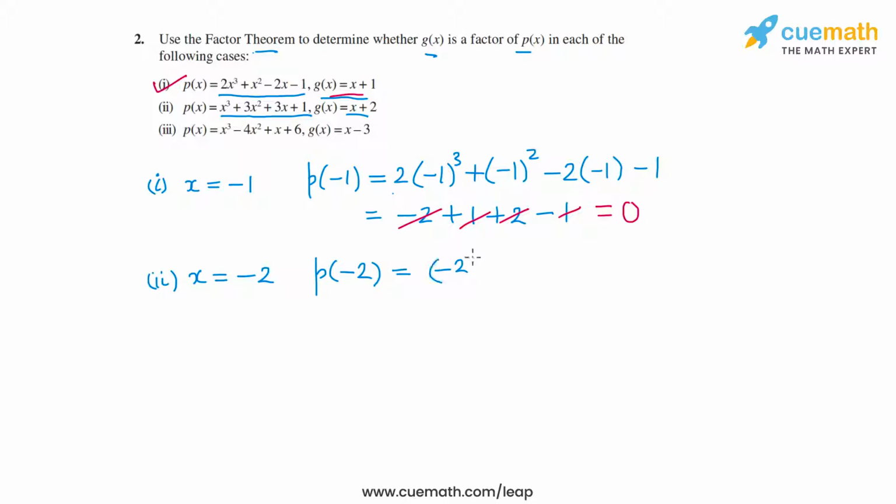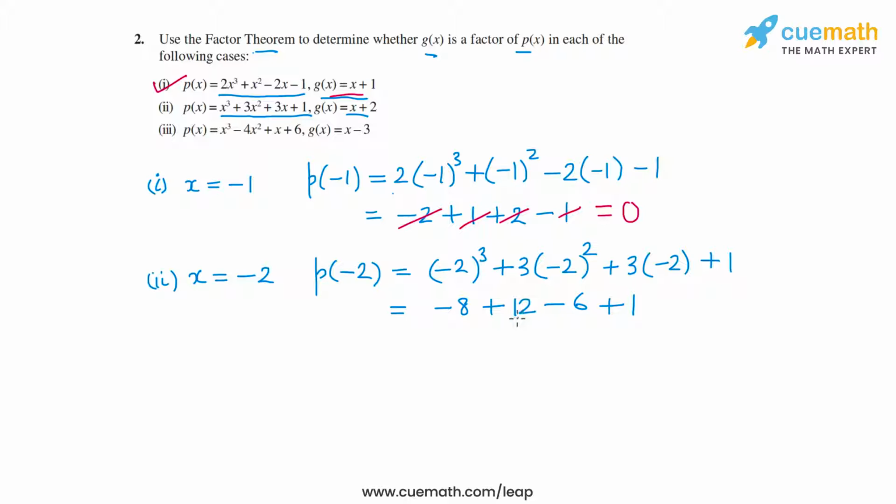That will be (-2) cube plus 3 times (-2) square, 3x square, plus 3x, so that's 3 times minus 2, and I have a plus 1. So (-2) cube is minus 8, and then I have (-2) square is 4, 4 times 3 is 12, then I have 3 times minus 2, minus 6, plus 1.